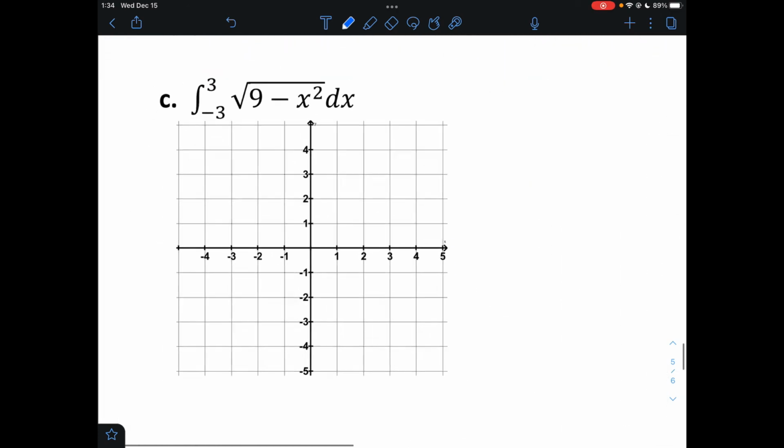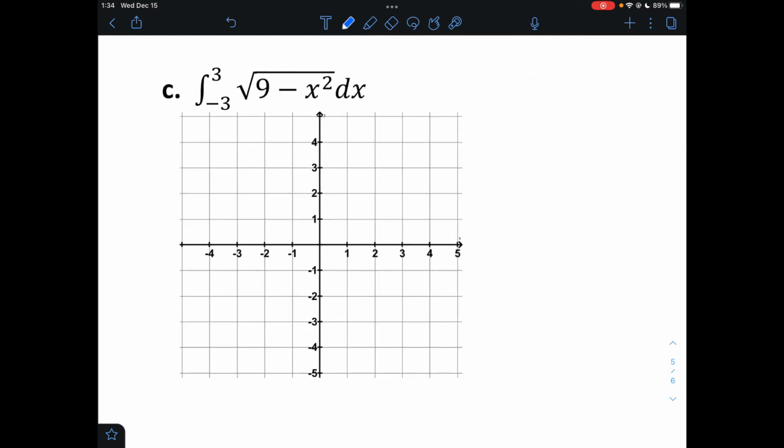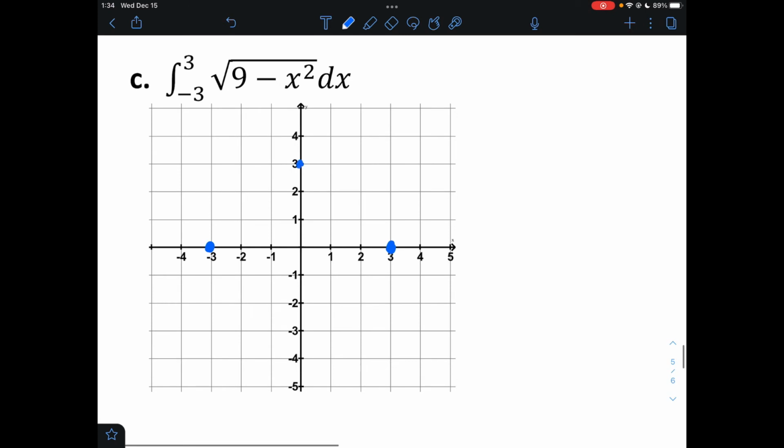Question C. If you don't recognize what shape this is, just start plotting some points, but hopefully you recognize that this is just the top half of a circle with radius 3. If we put negative 3 in, or positive 3 in, we would get 0 back. If we put 0 in, we would get root 9, which is 3 back.